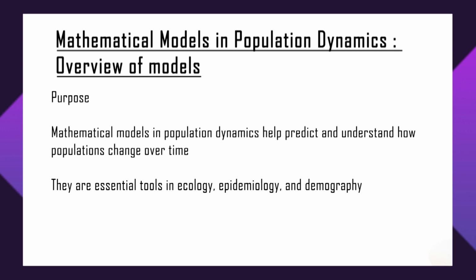There are several mathematical models associated with population dynamics, so let's talk about the existing models. Mathematical models in population dynamics help to predict and understand how population changes over time. They are essential tools in ecology, epidemiology and demography.